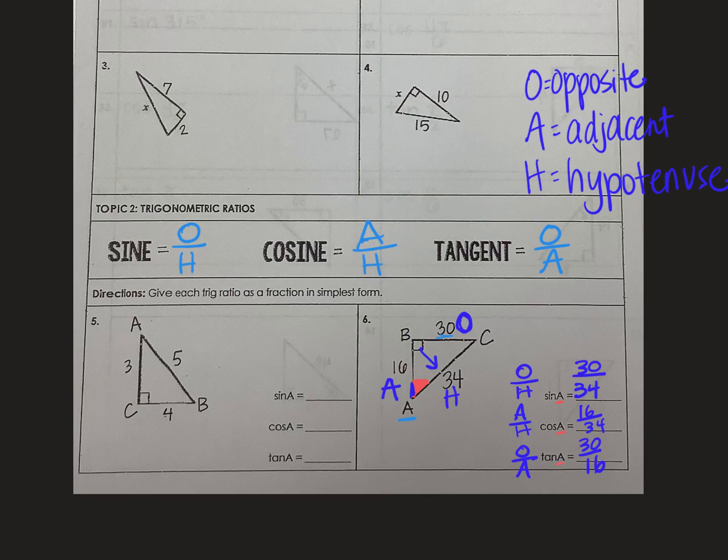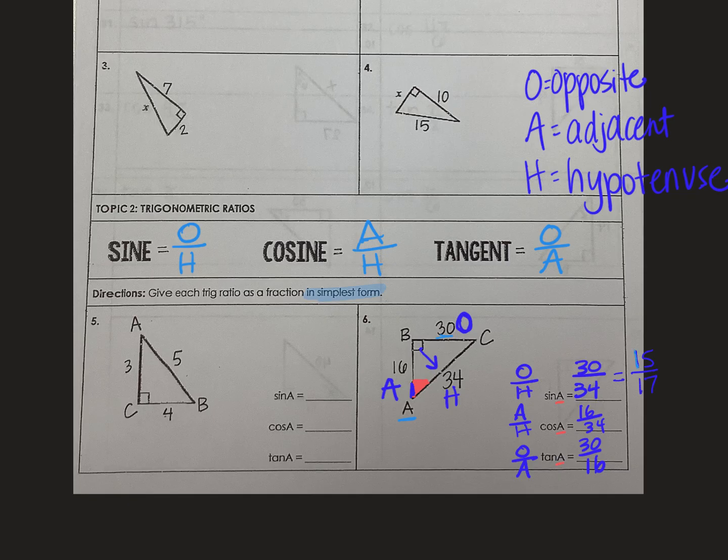So we've got these fractions, the ratios, written down. But now we have to see if they'll simplify, because if you look back at the instructions, it says to write them in simplest form. The way we find out if they're in simplest form, you just put it in your calculator as a fraction, alpha x. You put in 30 over 34 and press enter, and it's going to simplify to 15 over 17.